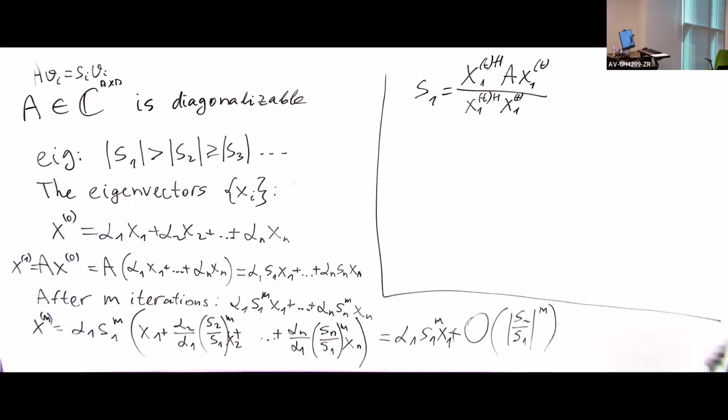So why does that work? If X1 is the dominant eigenvector, what happens to that part?